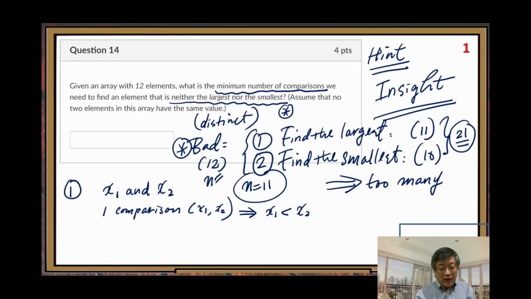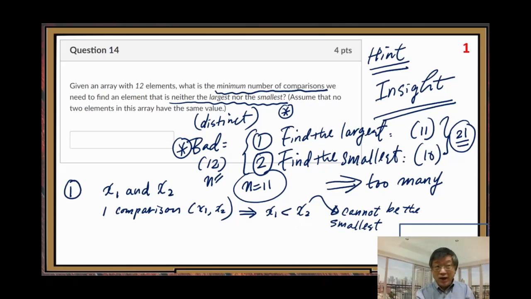Now, after that, we know X2 cannot be the smallest, because X1 is less than X2.